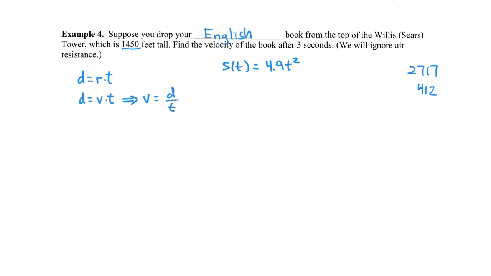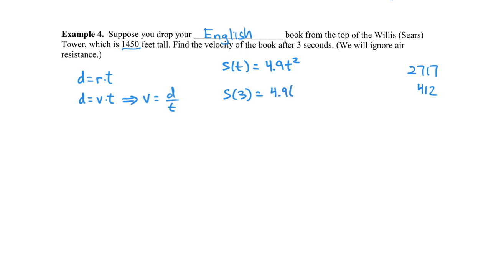So we've got our position function, and we want to find the velocity of the book after 3 seconds. Well, let's see where the book will be at 3 seconds. Let's use our formula here and figure out how far it will have fallen.